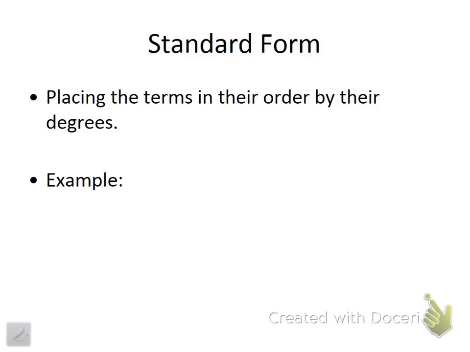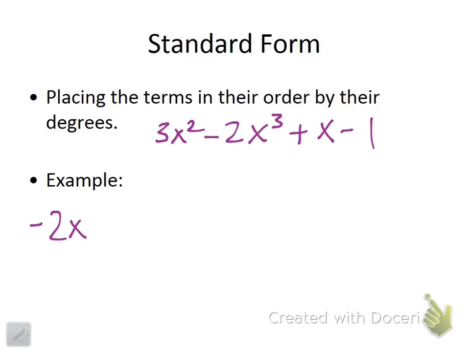Okay, so now we're going to place things into standard form. So if I have 3x squared minus 2x cubed plus x minus 1. Standard form is going to be written in order from the highest degree to the lowest degree. So the highest exponent to the lowest exponent. So we're going to get negative 2x cubed since this degree is the biggest.